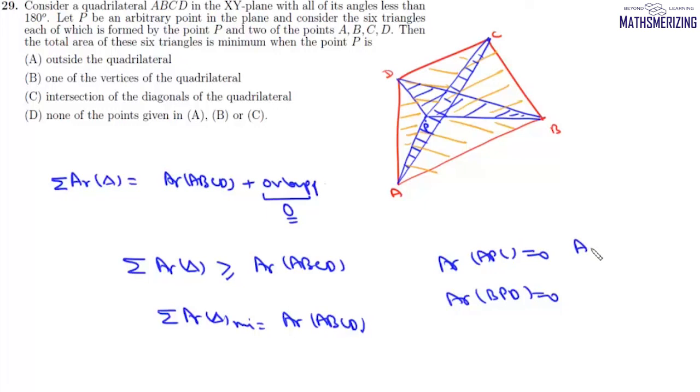That means A, P and C are collinear, and B, P and D are collinear. That means this P must lie on the intersection of AC and BD, and that's your option C.